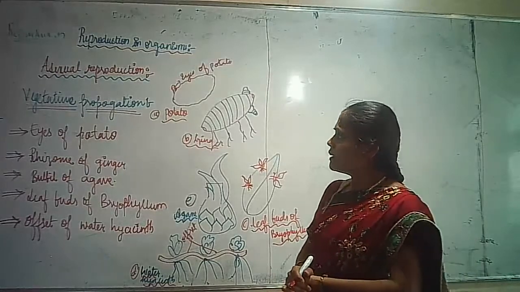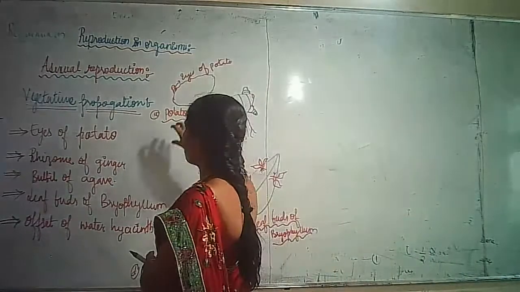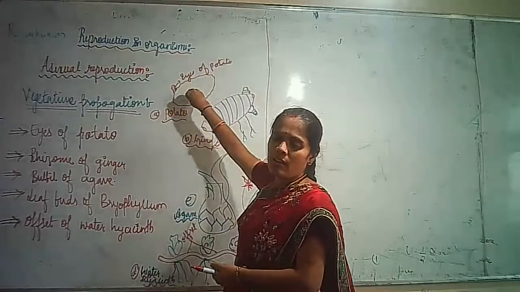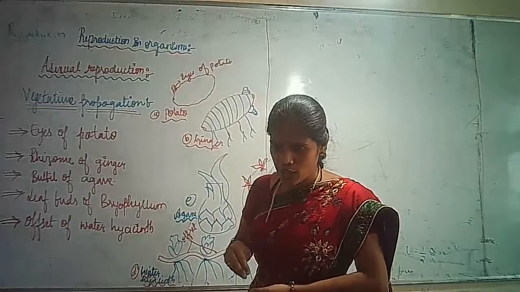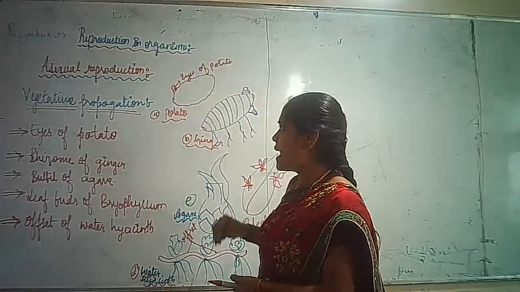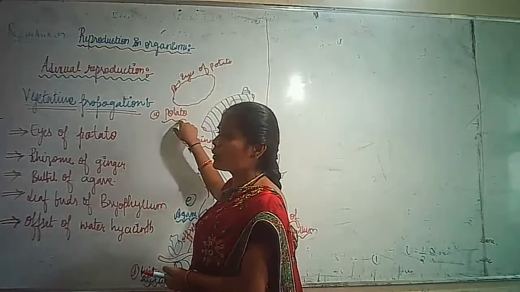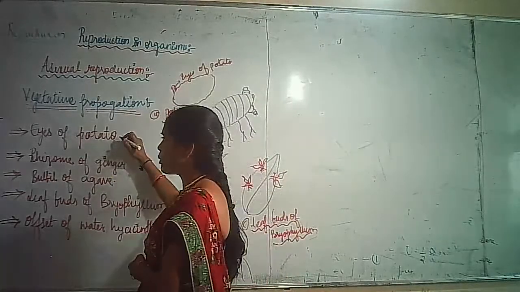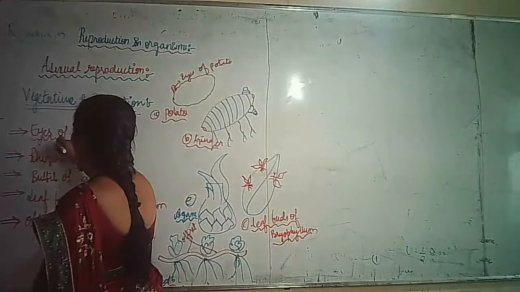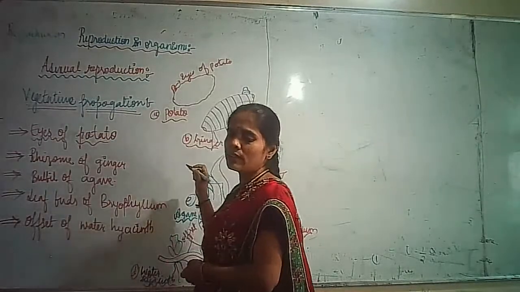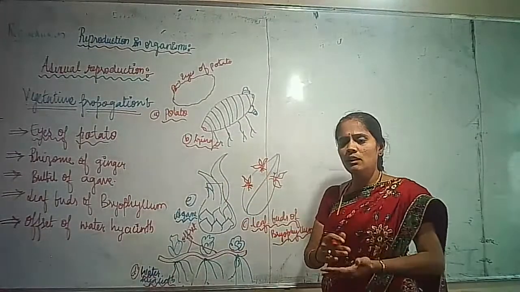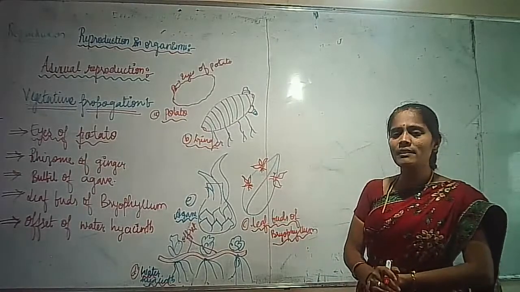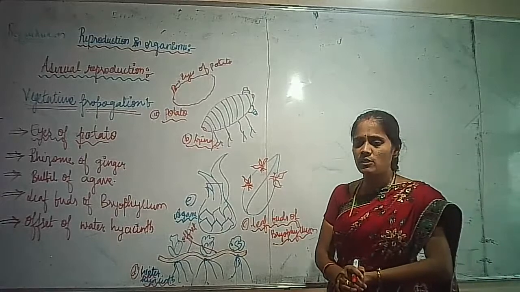So in vegetative propagation, the part of the plant which is involved in the asexual reproduction we call the vegetative propagation unit. For example, in the potato, the eyes of potato is a unit, in the sense that it is the part through which vegetative propagation takes place. What exactly is vegetative propagation, my dear students?